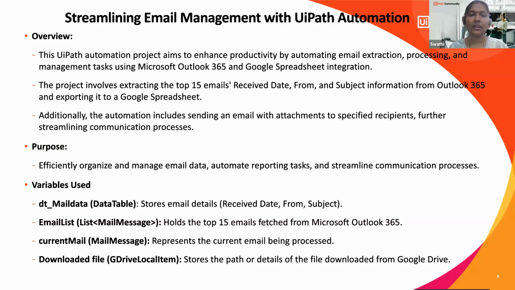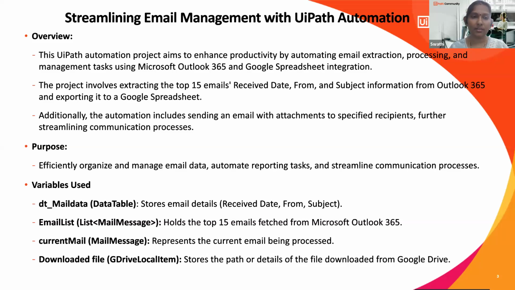After that, I have to extract the top 15 mails from the email and retrieve some data like subject, from, and date. Whatever the extracted data is, I should send to a spreadsheet, and that spreadsheet I have to send to another email ID. This is our requirement.